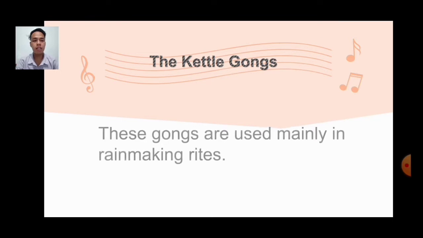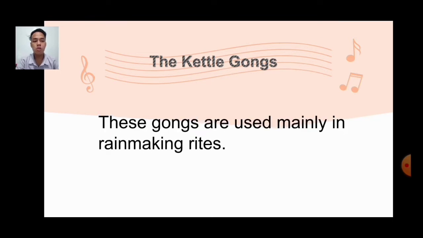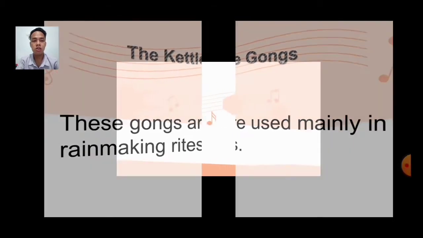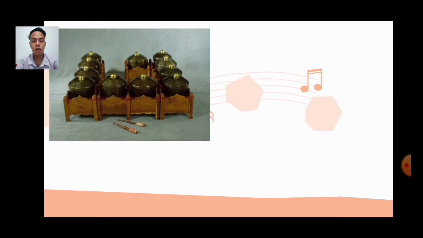The kettle gongs are used mainly in rain-making rites. This means that these gongs subdivide the melody into several musical phrases. These are examples of kettle gongs. First, we have the kenong.